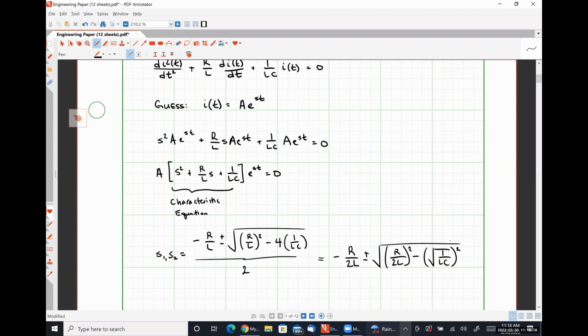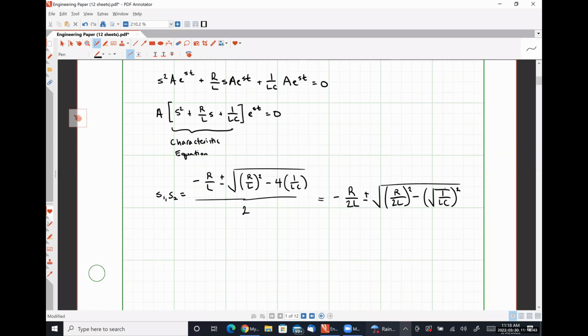So when I move this 2 from the denominator inside the square root, it's going to look like a factor of 1/4, which cancels out the 4. And I am taking the square root of the 1 over LC term squared so that I have something squared minus something else squared. And we're going to give these somethings a name.